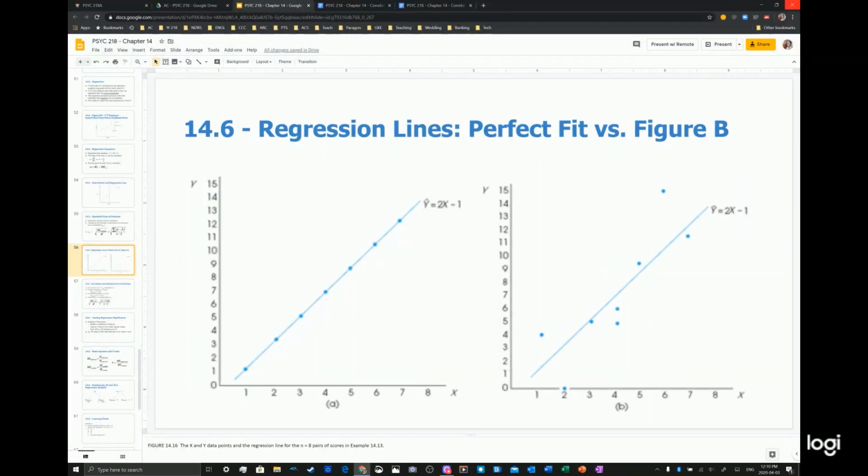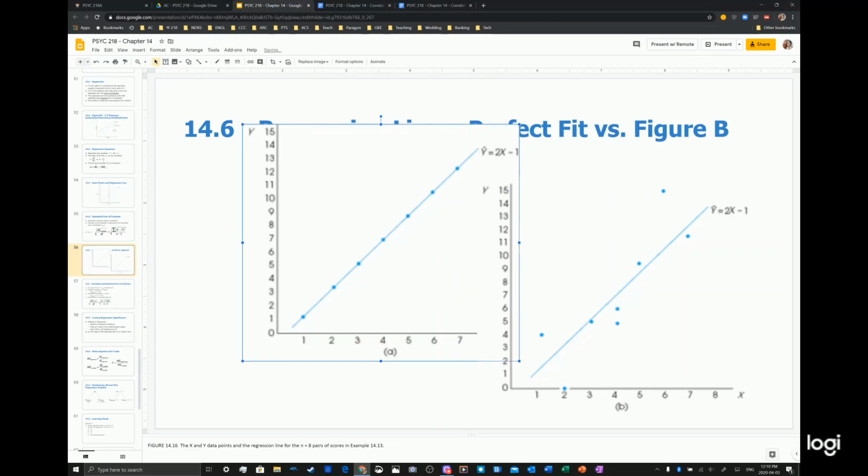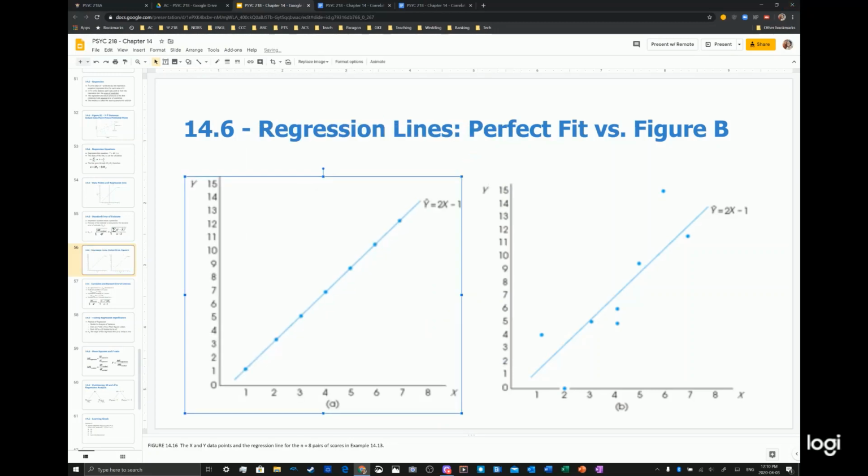This is what it will look like on a scatter plot. Again, both of these scatter plots have regression lines. So even for perfect relationships or perfectly linear relationships, you can still have a regression line going right through it. Or for weaker relationships, the regression line would become the line of best fit.